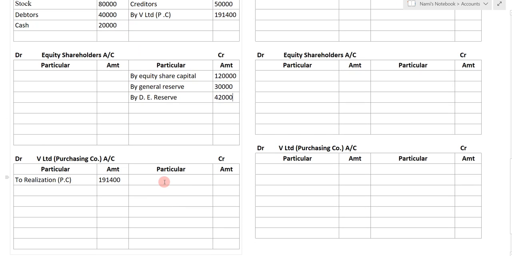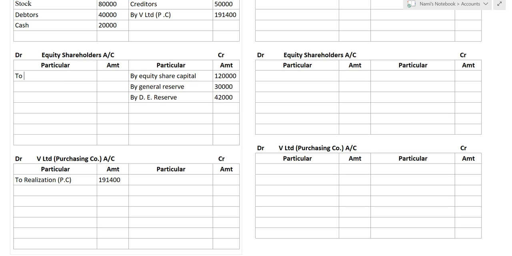Now next, how much were the equity shares of V Limited that V Limited has given to A Limited? 1,91,400.